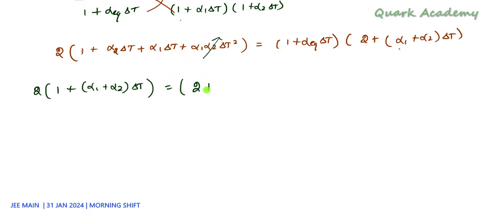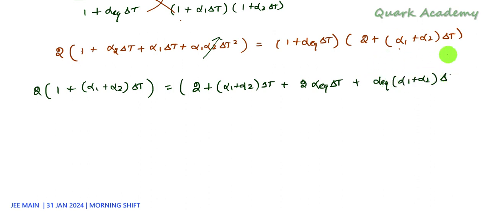So the first term will come as it is, 2 plus alpha 1 plus alpha 2 delta T plus 2 alpha equivalent delta T plus alpha equivalent alpha 1 alpha 2 delta T square. Again, we can neglect this one also.